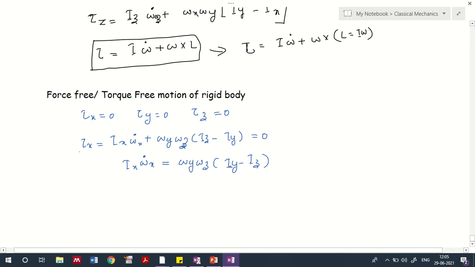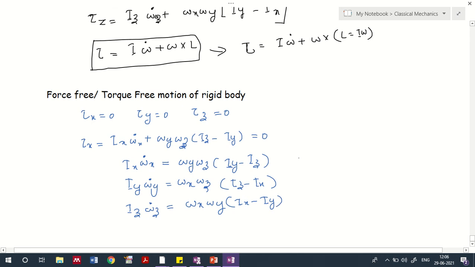And similarly, if you do the second Euler's equation, we'll get Iy omega y dot equal to omega x omega z (Iz minus Ix). And also for the third case, Iz omega z dot will be equal to omega x omega y (Ix minus Iy).